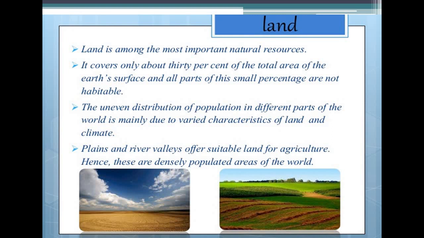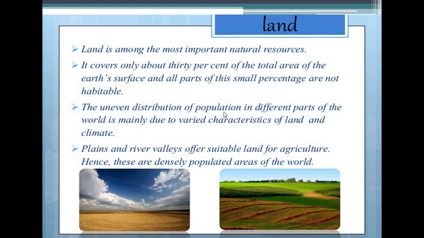Nearly 70% of the land area is not inhabited, in the form of very hot deserts, frozen land, and Antarctica's ice sheet.